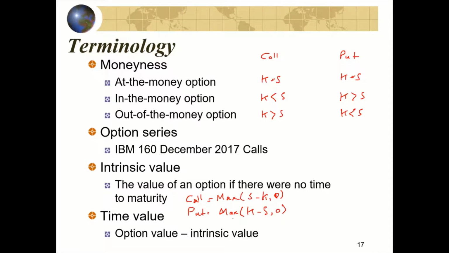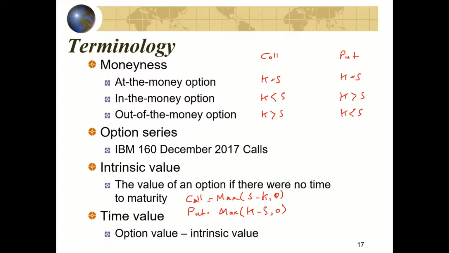For a put option, the intrinsic value is the strike price minus S, the current spot price, or zero, whichever is the maximum. If the difference is negative, then the maximum will be zero. Now, the other part is called the time value.